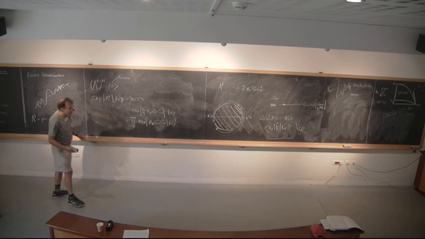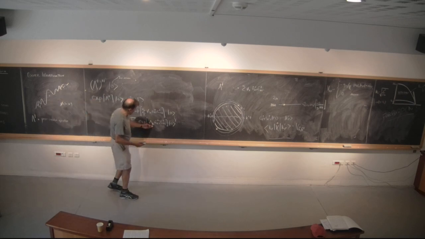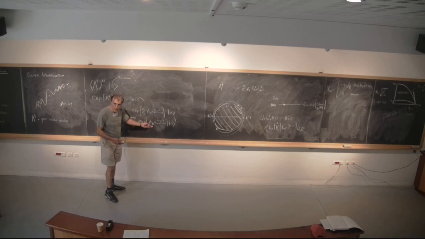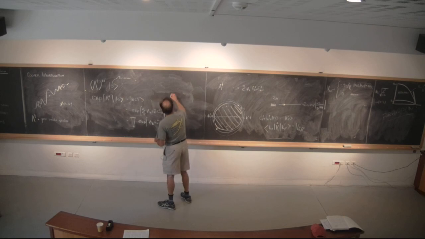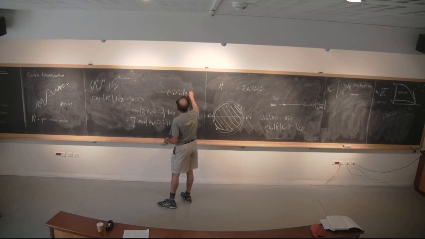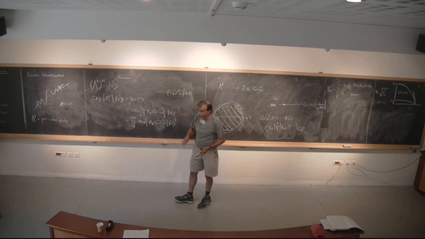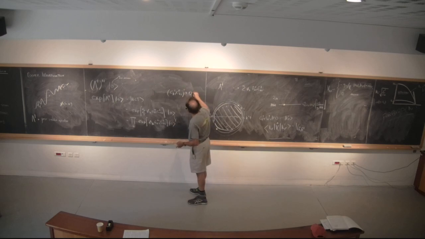Now, if we look at this exponential and start expanding it as a power series, the first term will be 1, the second term will be 1 pair, the third term will be 2 pairs, but it simplifies because c_k† c_{-k}† squared is 0, in fact to any power r greater than 1.